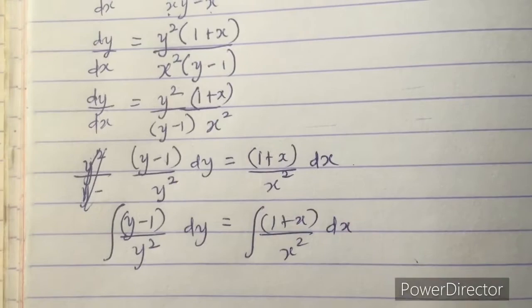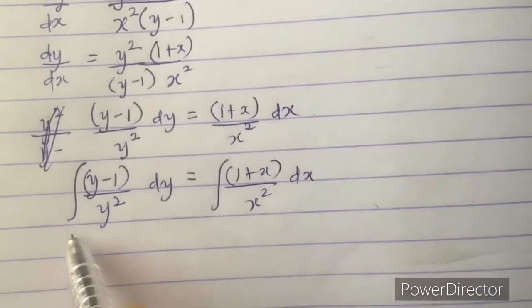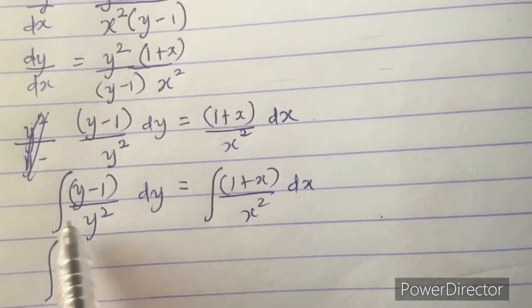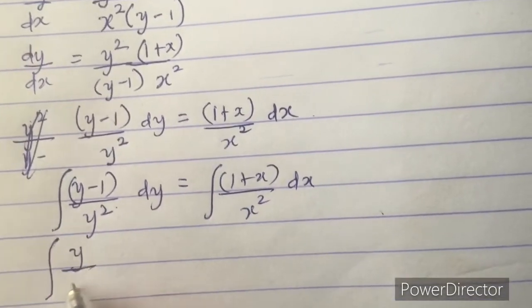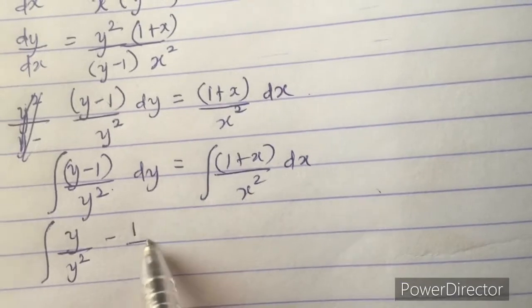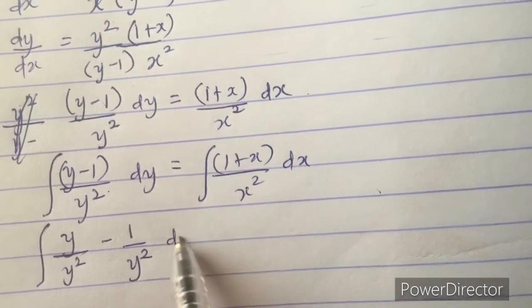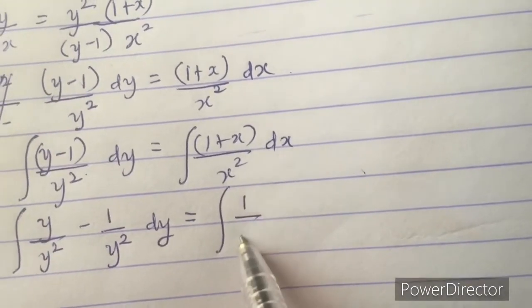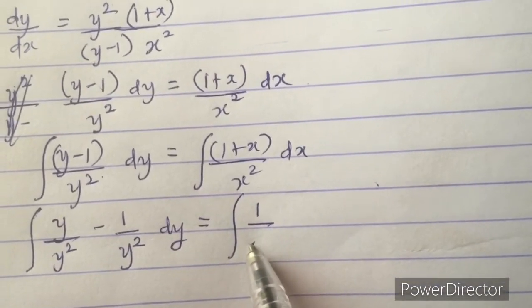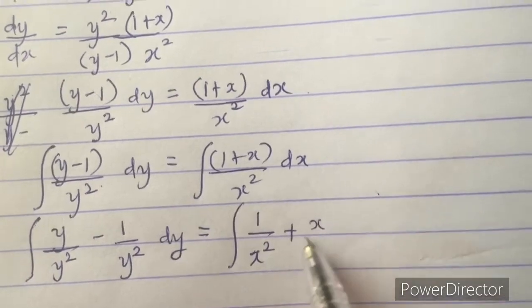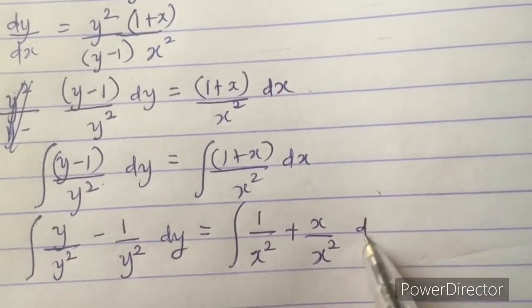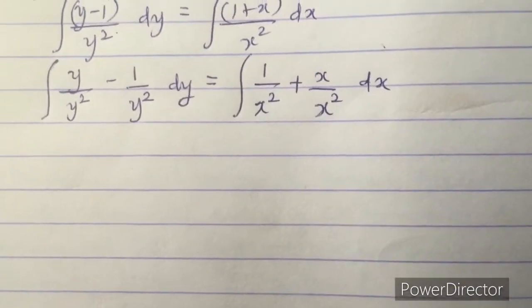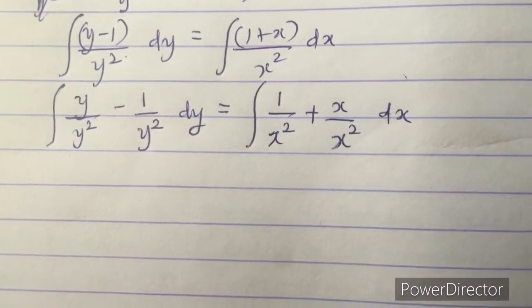Based on that, we can decide to spread this: integral of y all over y square minus 1 all over y square dy equals integral of 1 over x square plus x all over x square dx. I hope you are getting that.